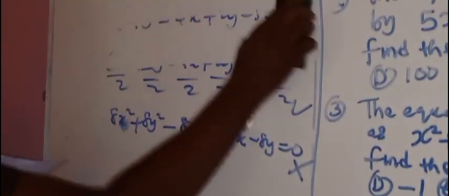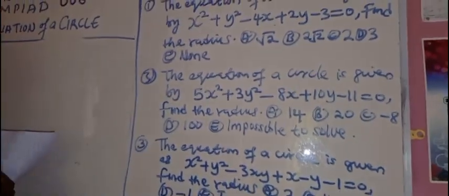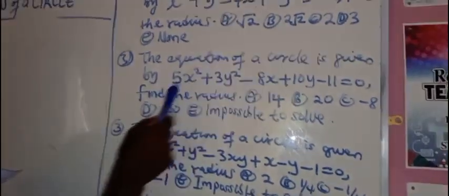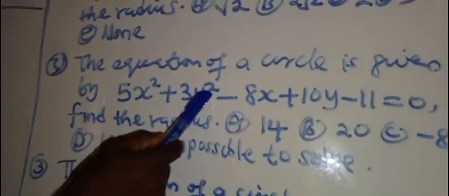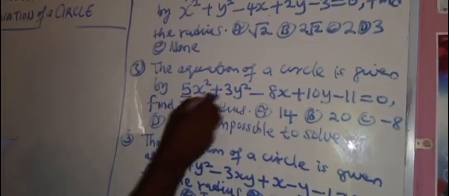So now let's use this to solve the problem here. Let's start with number 3. Let's eliminate some. Now, the equation of a circle is given by 5x squared plus 3y squared minus 8x plus 10y minus 11 equals 0. If you look at this, the coefficients are not uniform.